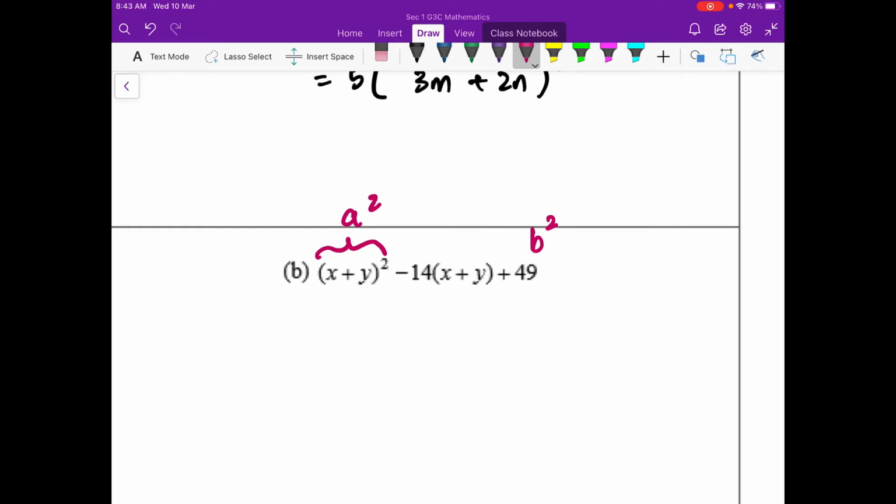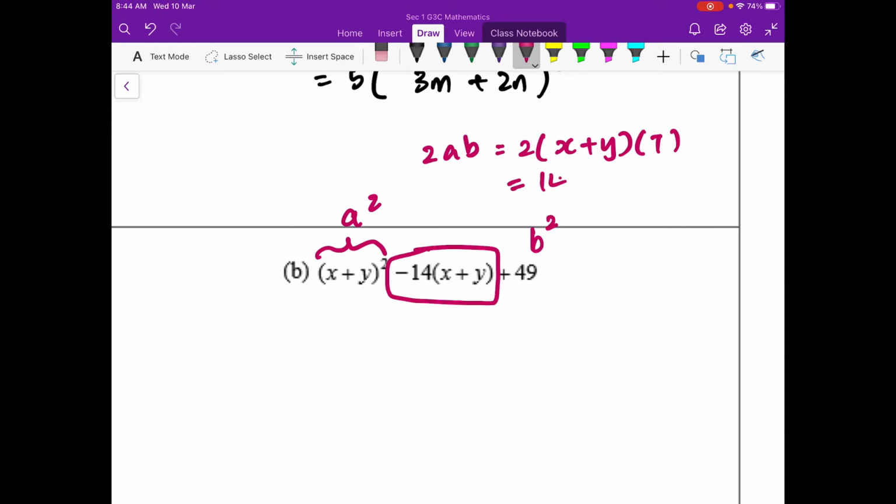If I can confirm that the center term is actually 2 times a times b, then I can use the formula again. So let me do a quick check. 2 times x plus y times your b, which is 7. Yeah, I get 14 times x plus y. So it's the same, of course, with the sign difference.